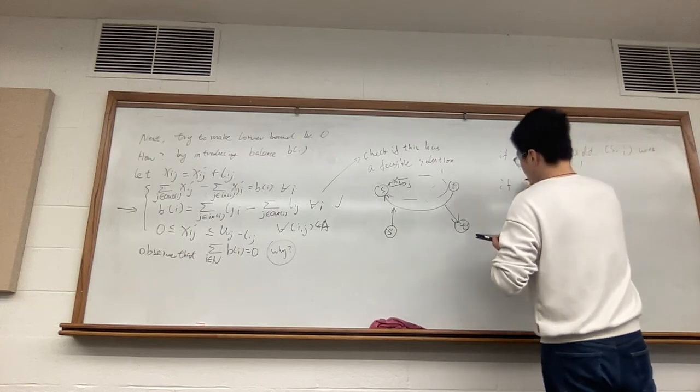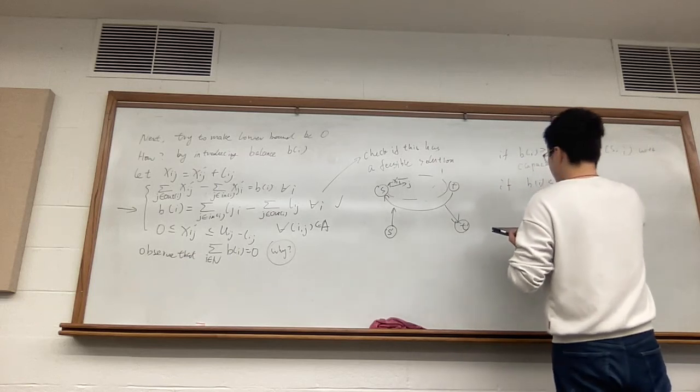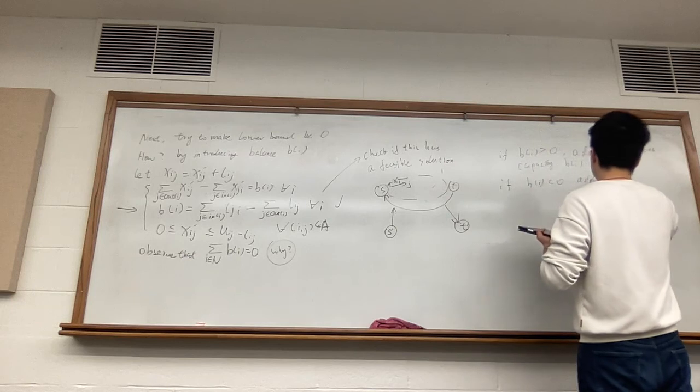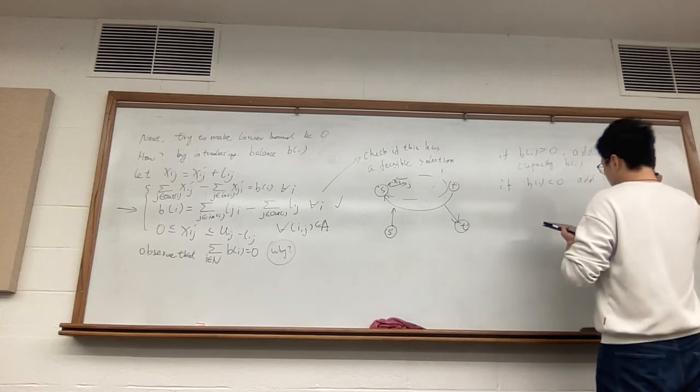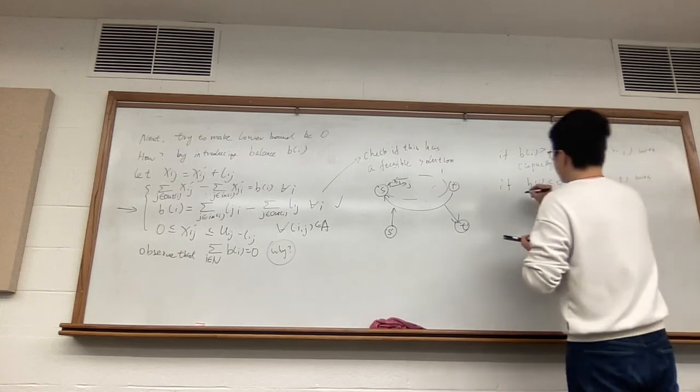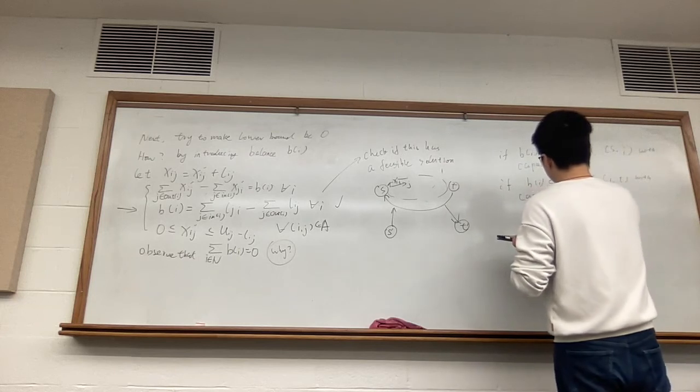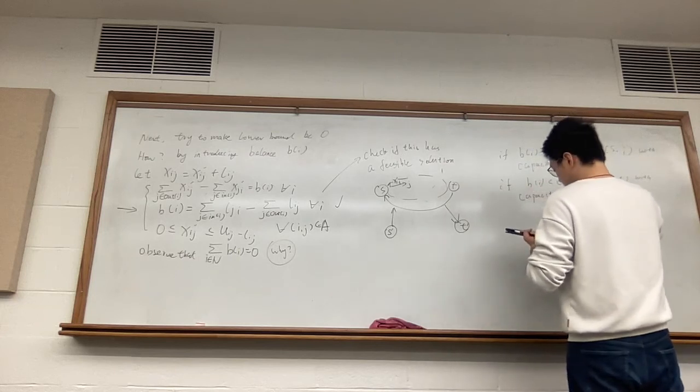And if BI is less than 0, then we add IT with capacity minus BI.